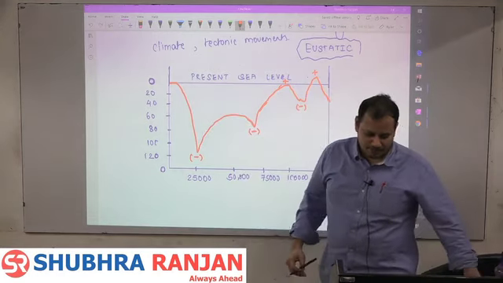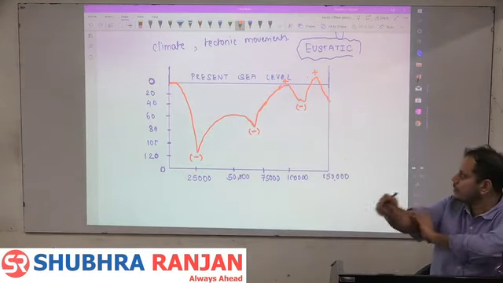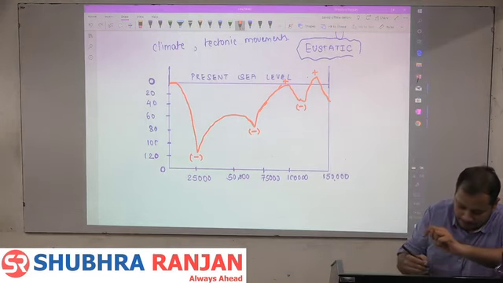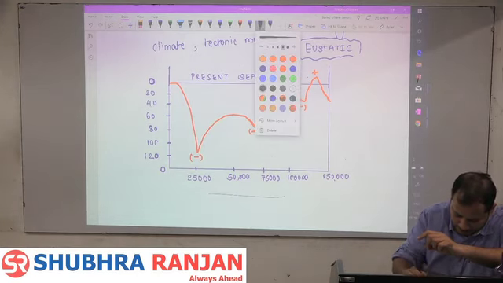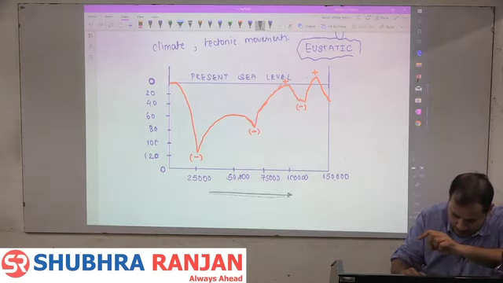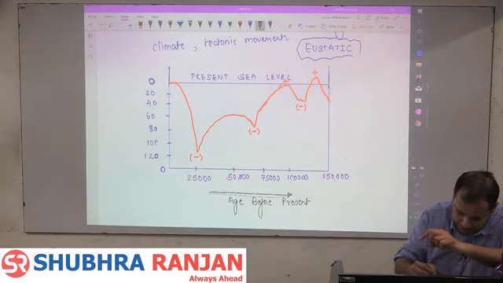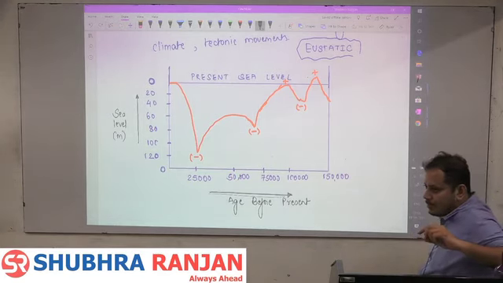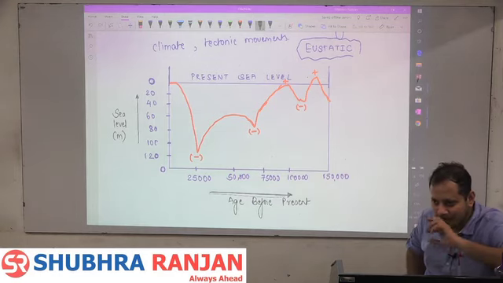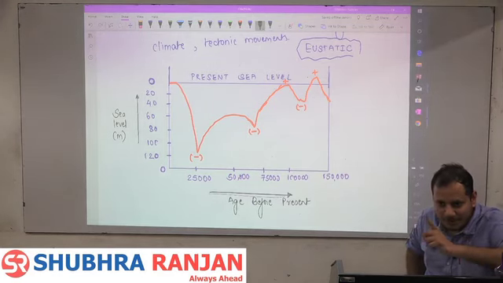So this is the present sea level. See, if you see 25,000 years before, when the Pleistocene Ice Age began, sea level was 120 meters below the present.